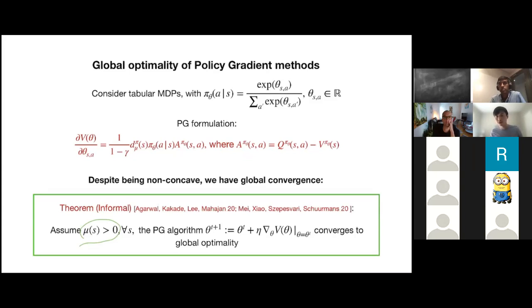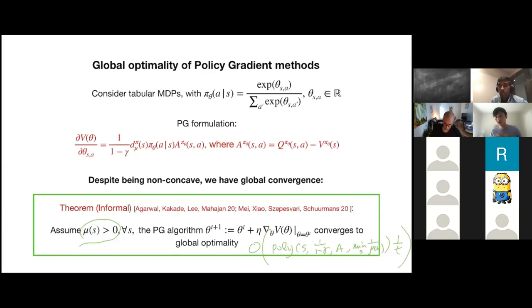But the convergence rate of this policy gradient approach is actually pretty slow. Particularly, it will depend at least polynomially on the size of the MDP. The rate is probably poly S, 1 over 1 minus gamma, poly A, poly of the minimum over S of 1 over mu S, times 1 over T.